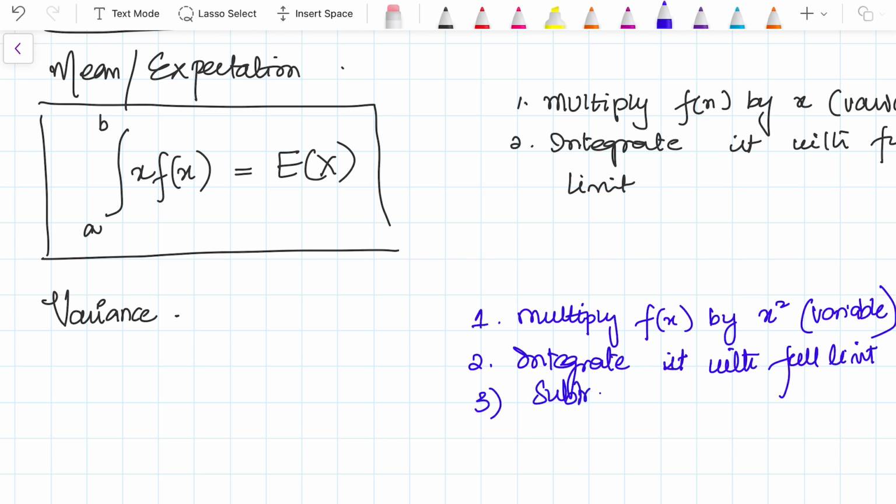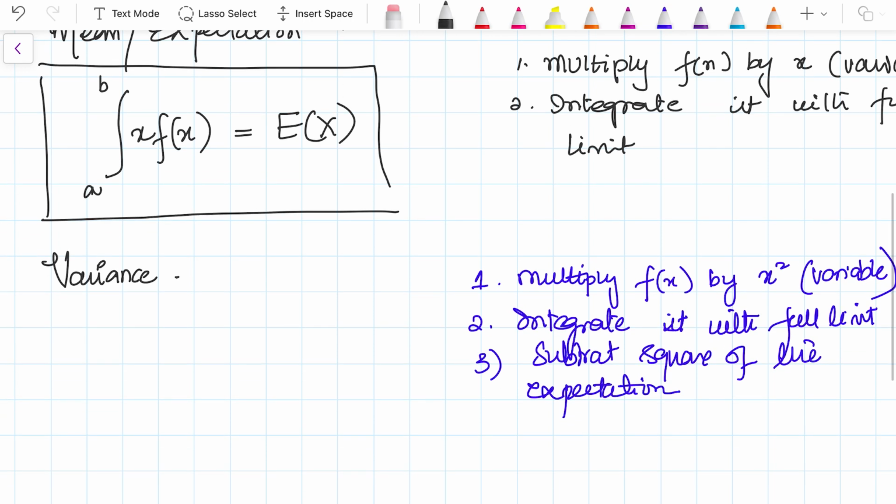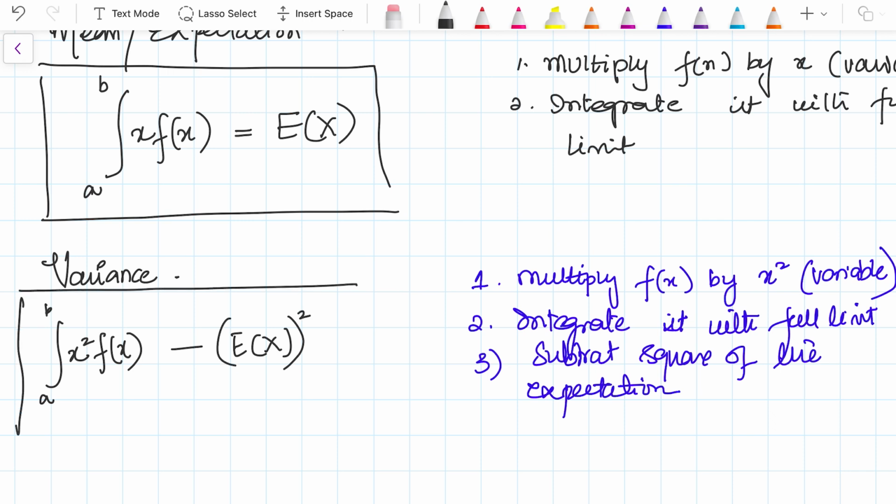Subtract the square of the expectation. That means if you have to find out the variance, you have to find out the expectation. You don't have a choice. So you multiply the function with x square, then you integrate with full limit minus expectation whole square. Again, a very simple formula.